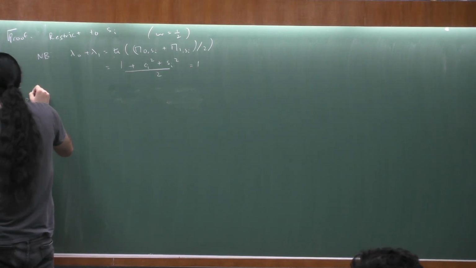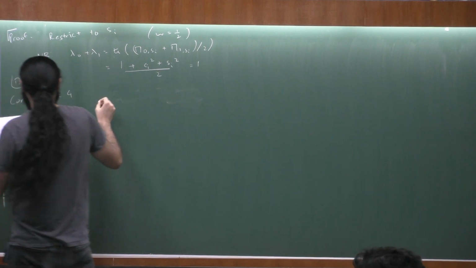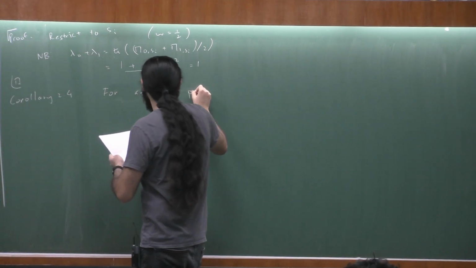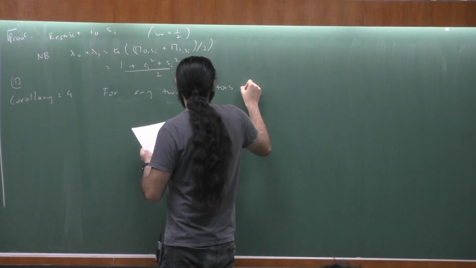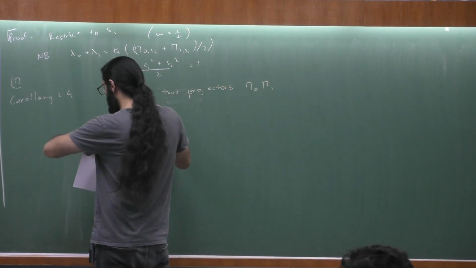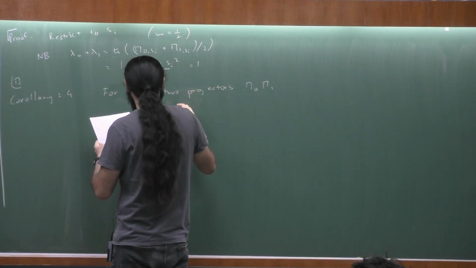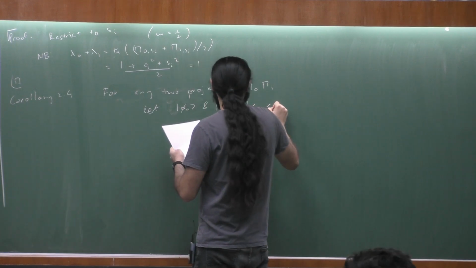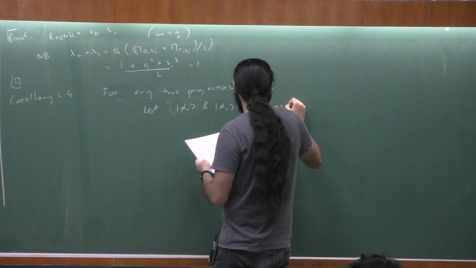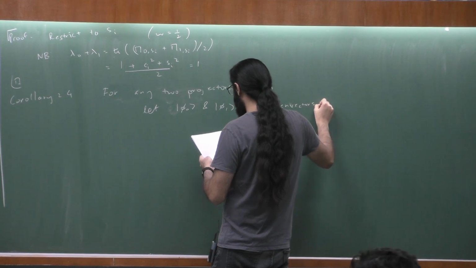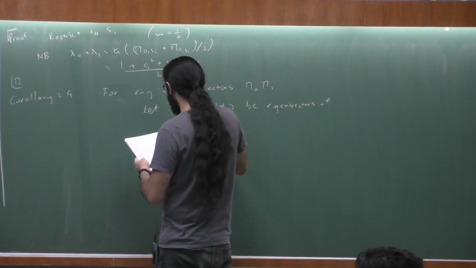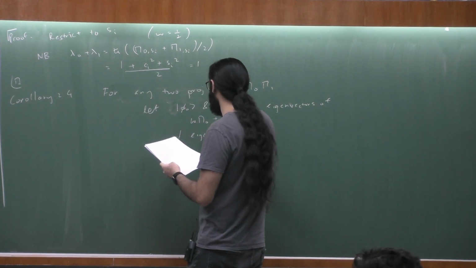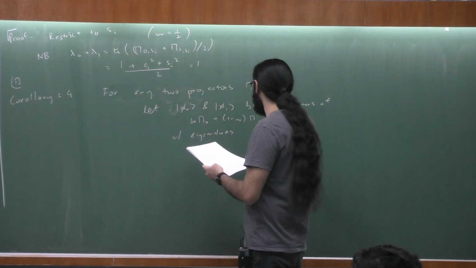And then the corollary is the following. For any two projectors pi 0, pi 1, let phi 0 and phi 1 be eigenvectors of omega pi 0 plus 1 minus omega pi 1 with eigenvalues lambda 0, lambda 1.